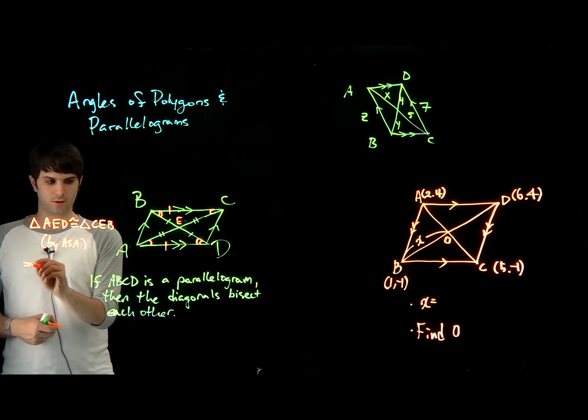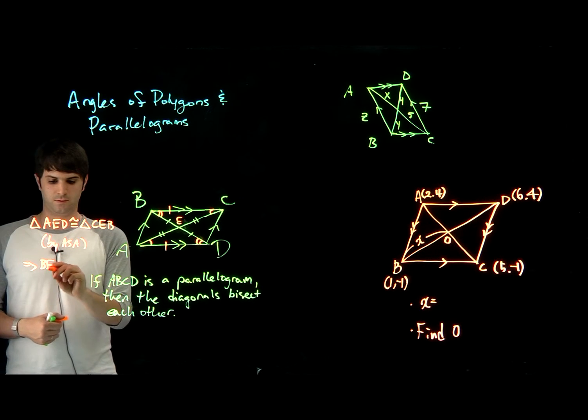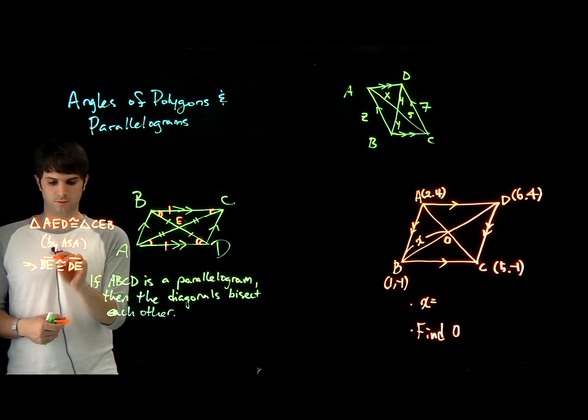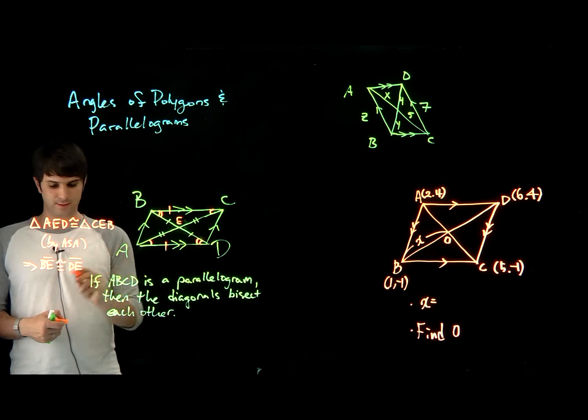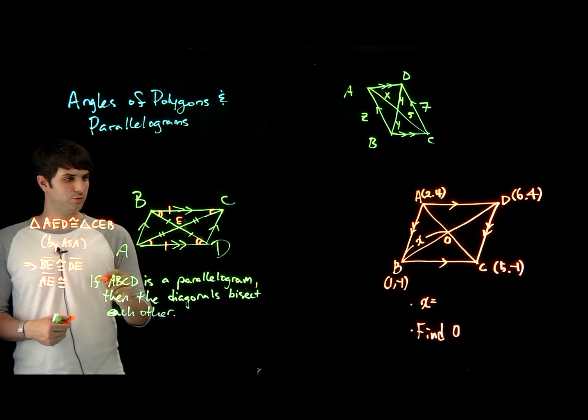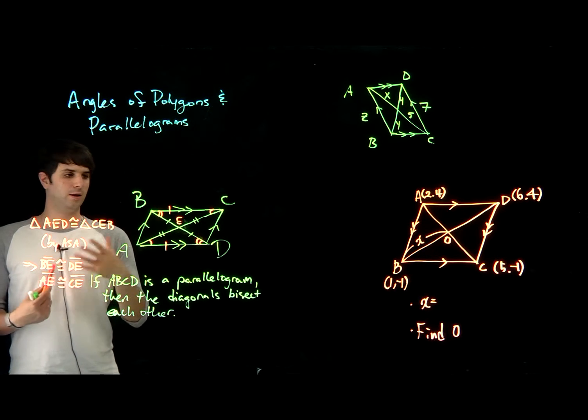So therefore, BE is congruent to DE, and AE is congruent to CE. That's what the theorem basically says.